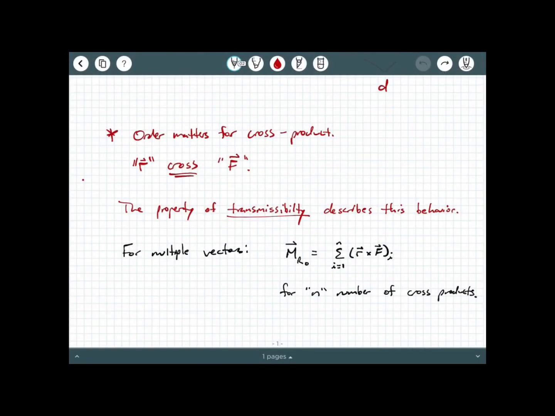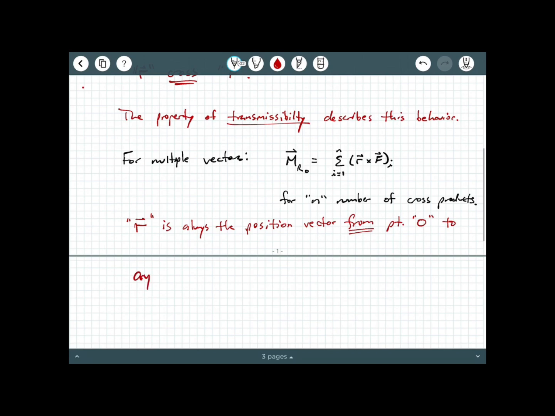I also forgot to mention earlier in this video, R is always the position vector from point O to any point on the line of action of F. Okay, so you always have to measure R from point O to any point on the line of action of F. I implied that earlier, but I didn't explicitly say it.